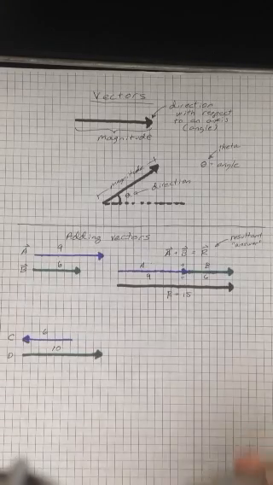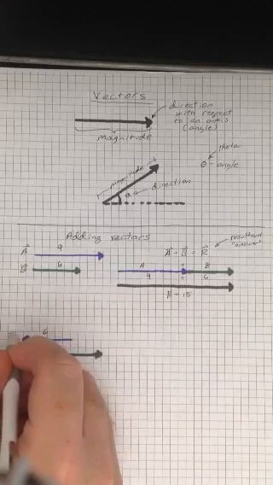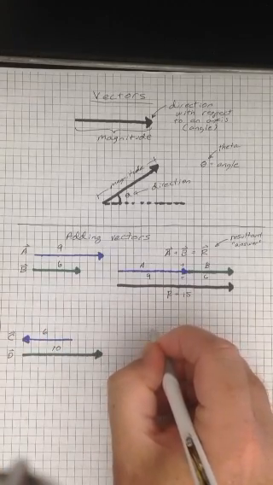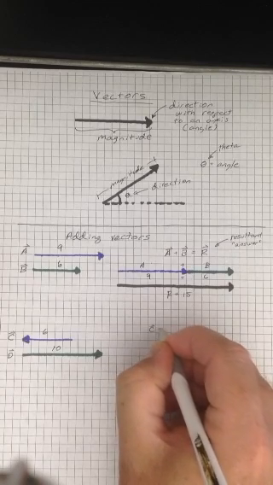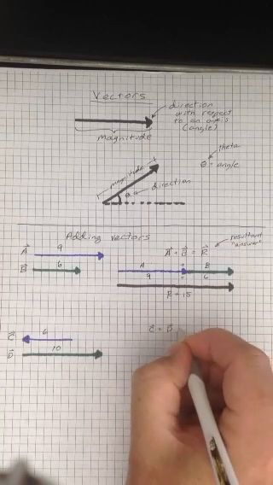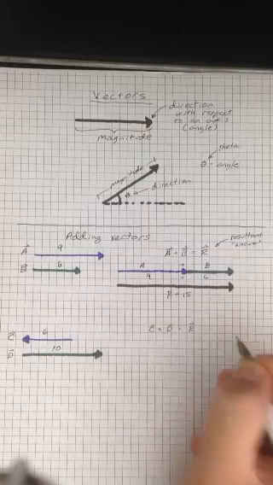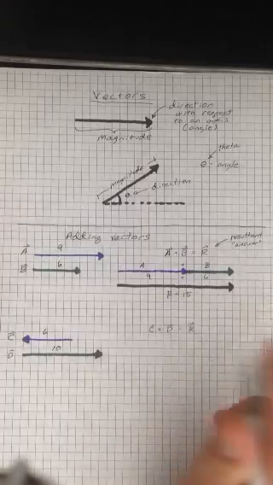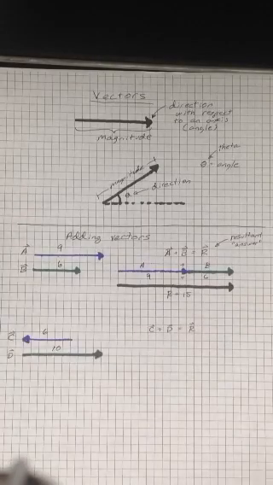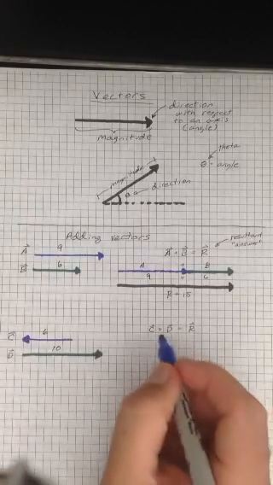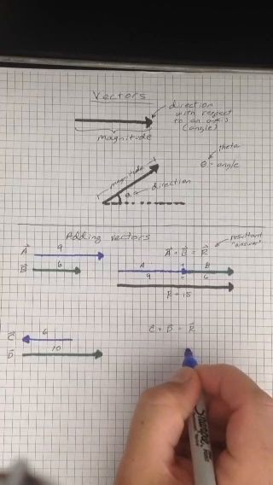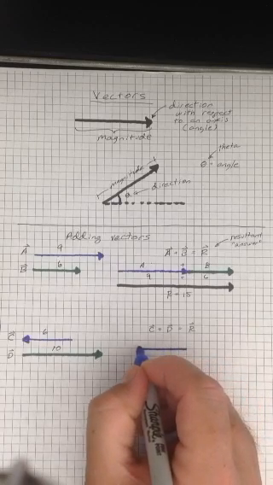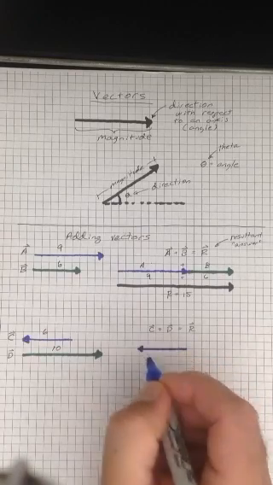What I'm going to do here is the exact same thing. I'm going to put the little arrowheads here, and I'm going to say that vector C plus vector D equals vector R. I could do D plus C, it doesn't matter, but I'm going to end up with a vector R here. If I do this, I'm going to start off with C, which means I'm going to start here and go 6 back, so 2, 4, 6, to the left.